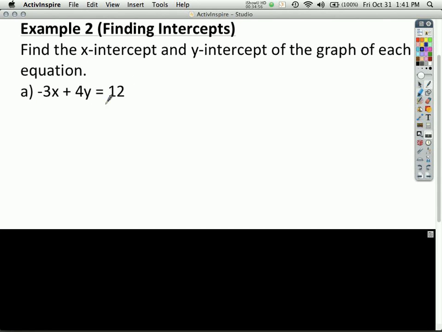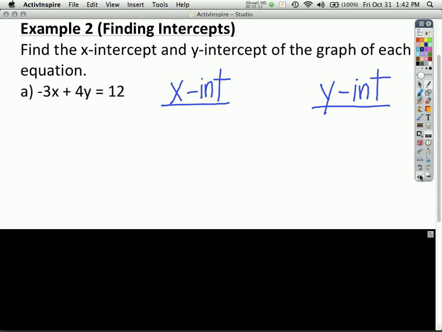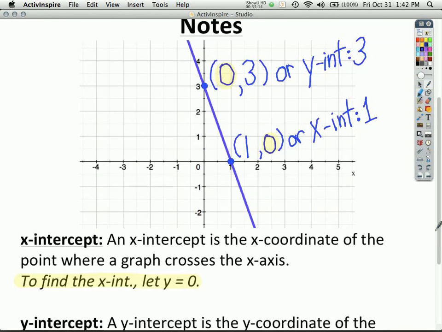We want to get the x and y intercepts of that equation. So we're going to do the work separately. We're going to do the x-intercept first, and then we will come over here and do the y-intercept. So let me go back to what I wrote here in the notes.